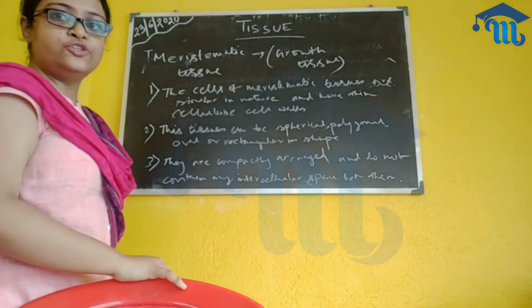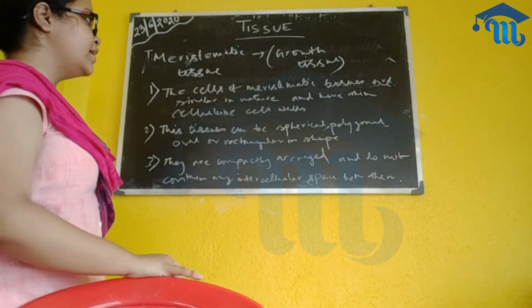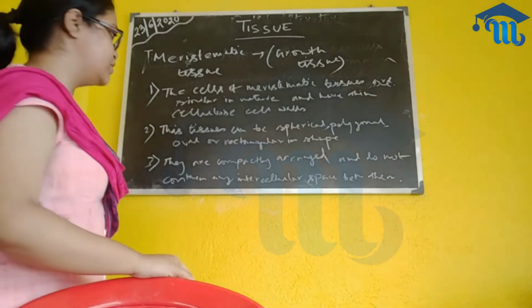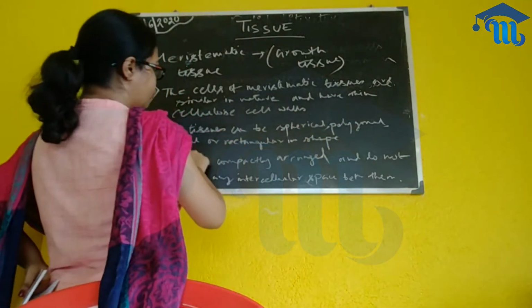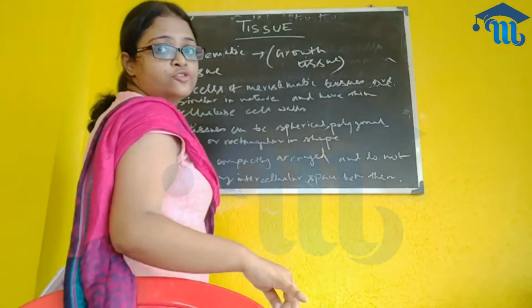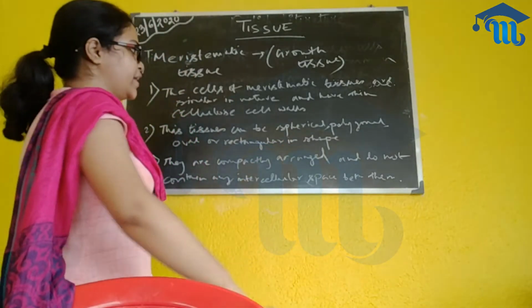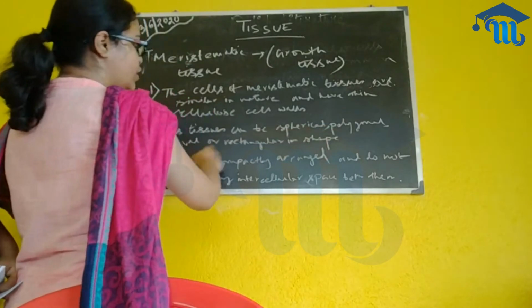The second is that these cells can be spherical, polygonal, oval or rectangular in shape. So they can be of different shapes.